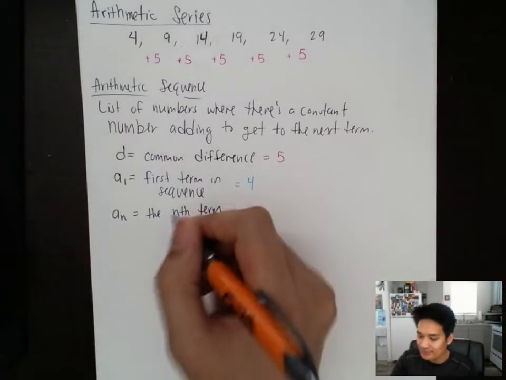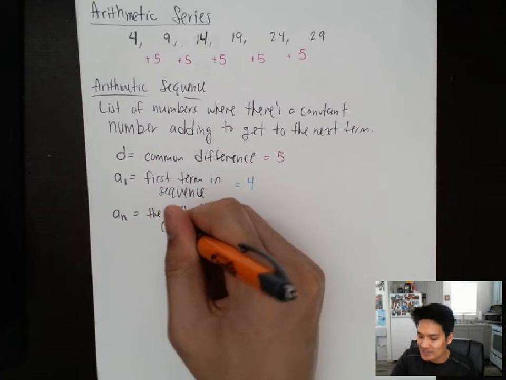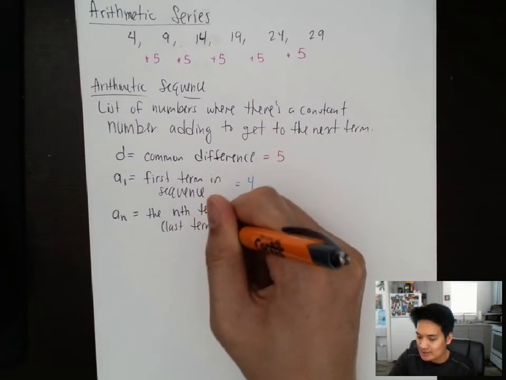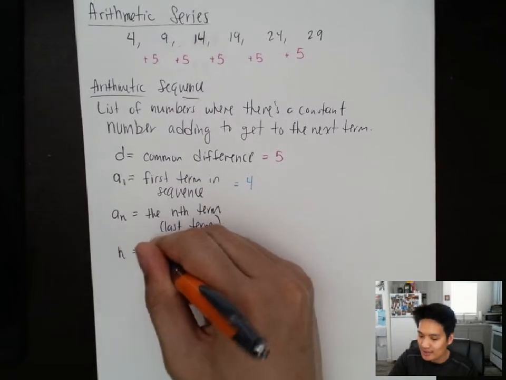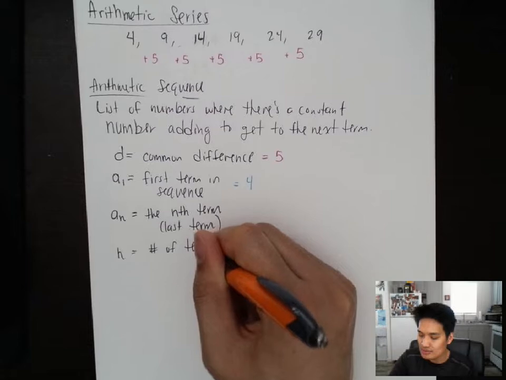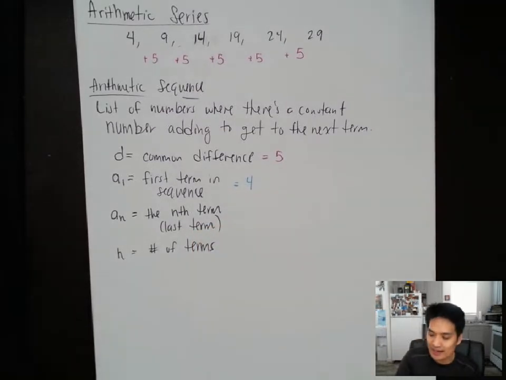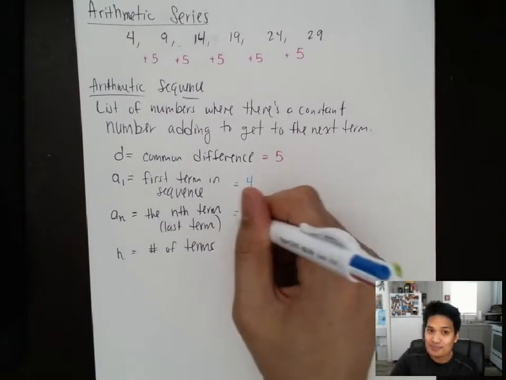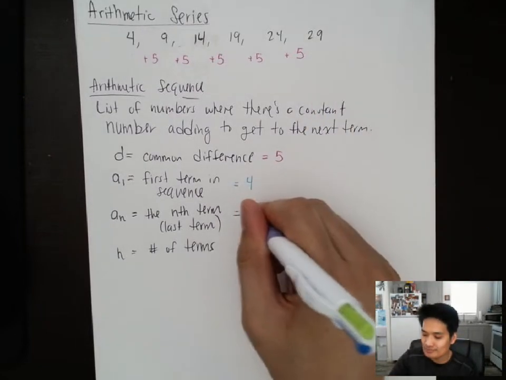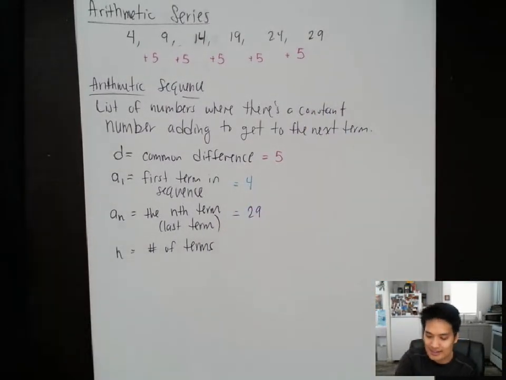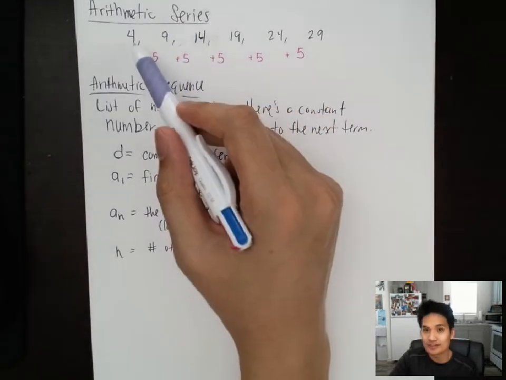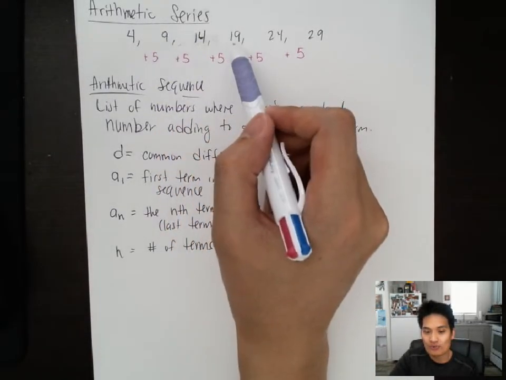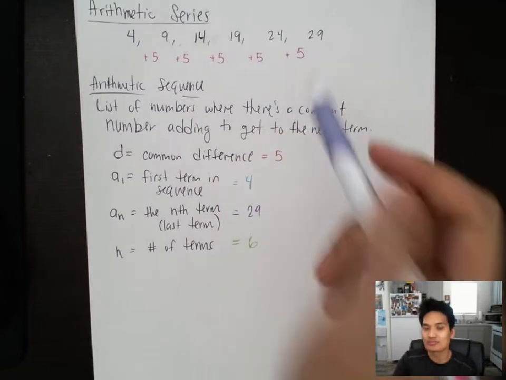So you can consider this the last term as well, because n typically stands for the number of terms. A sub n in this particular case is 29, and n is the number of terms, which is 6, because I have 1, 2, 3, 4, 5, 6 terms.